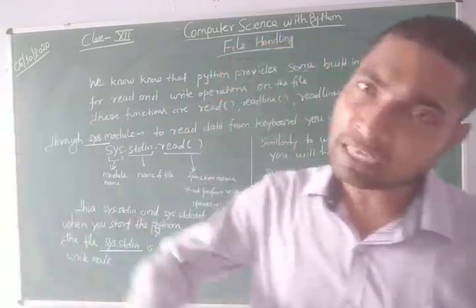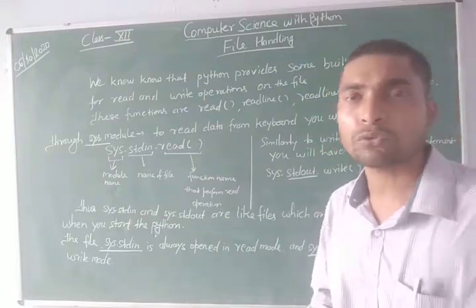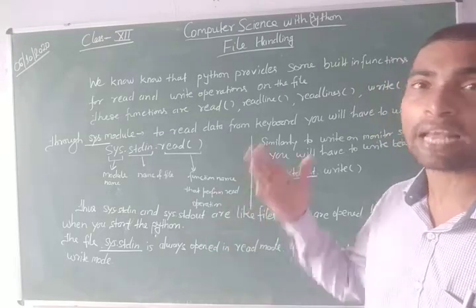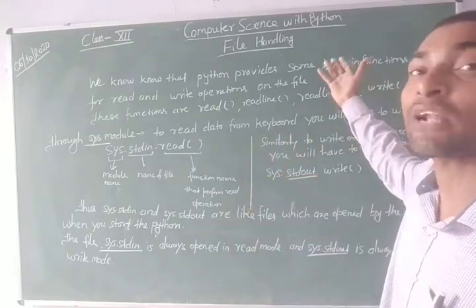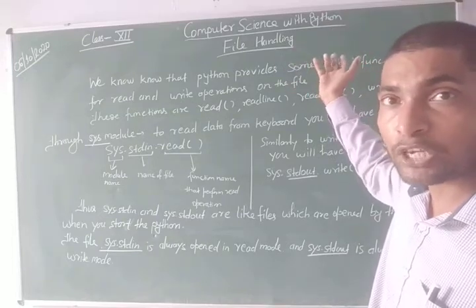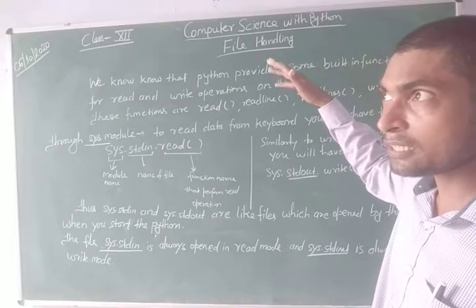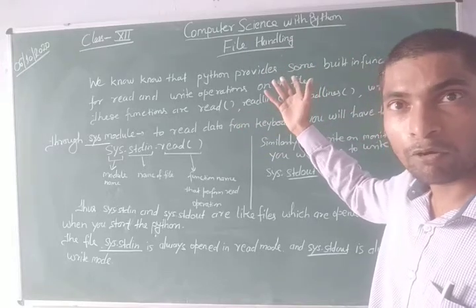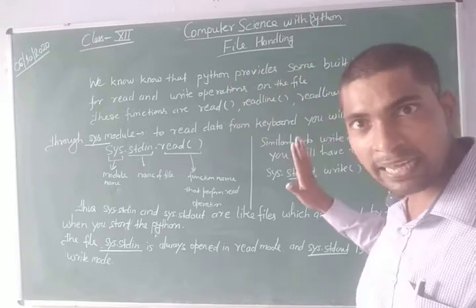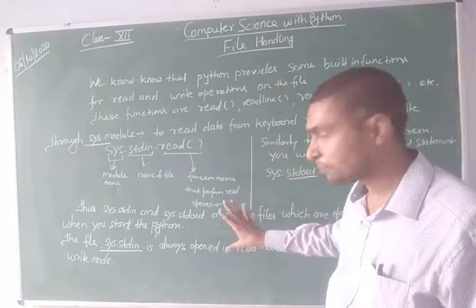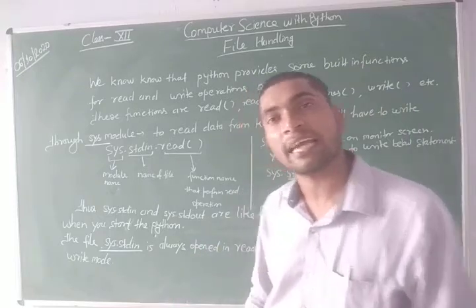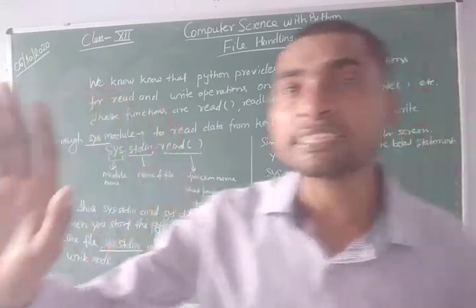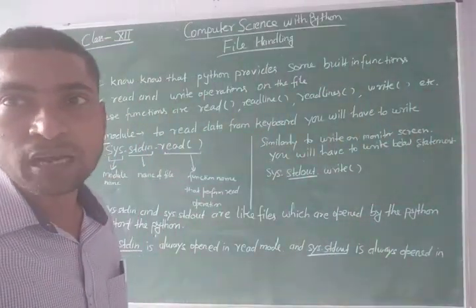You need not mention the file mode as you did in earlier programs, where with the open function you had to mention the mode of the file. Here Python automatically opens these files, so there is no need to mention the file mode. Now let us see an example that will explain the concept of these streams.